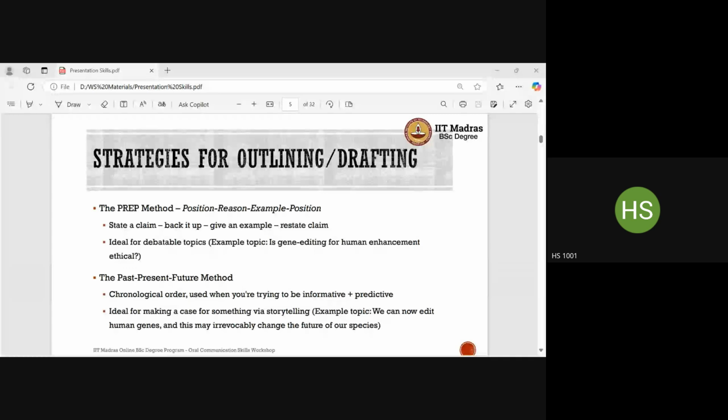There are some methods that we can use when we are trying to give structure to our presentation. The first of these methods is called the PREP method. PREP stands for position, reason, example, position. This method is ideal when you have a debatable topic. A debatable topic is the kind of topic where you do not have a right answer or a wrong answer.